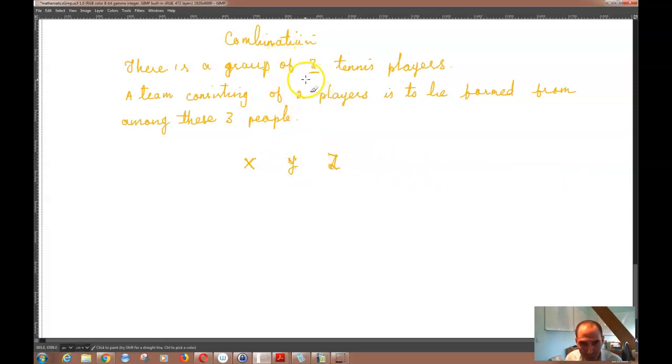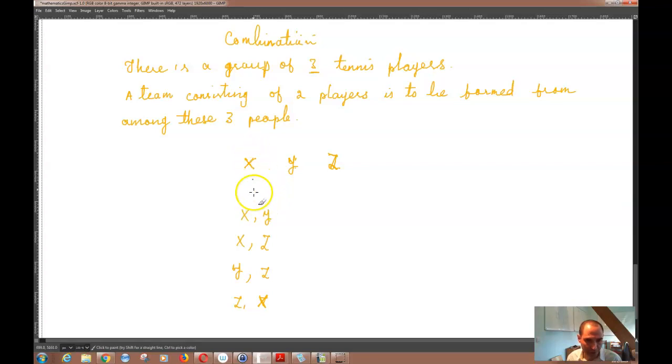Of course you know that when you want to select a team of two players, if you pick person X with person Y, you can also pick person X with person Z. You can also pick person Y with person Z. So X with Y, X with Z, Y with Z, and of course you can pick Z with X as well. So as you can see, there are four ways of doing that.